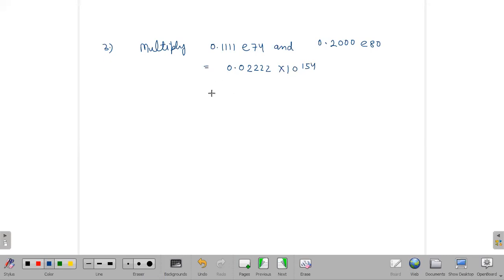Writing this in normal form, it is 0.2222 times 10 raised to power 153. It is okay because the inputs contain 4 digits and our output also contains 4 digits. In multiplication, you get the loss of significance when you multiply one very small number and one very big number.